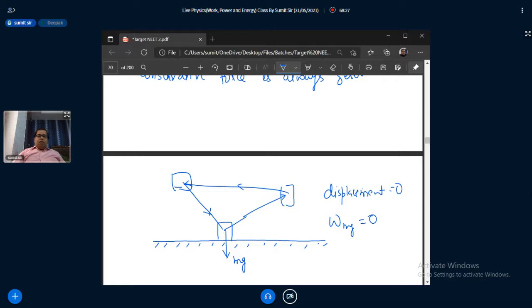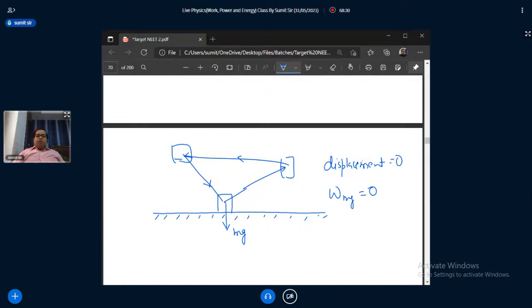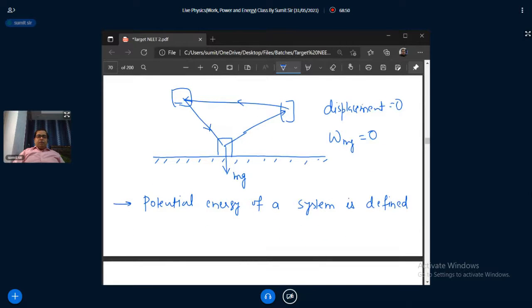Okay, then some other properties of conservative force are, so potential energy of a system is defined for the internal conservative force.